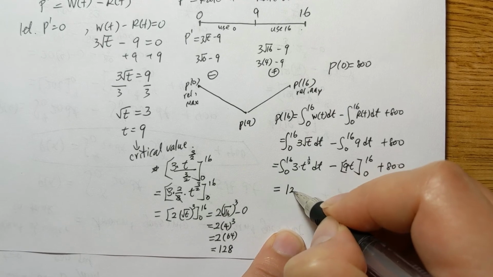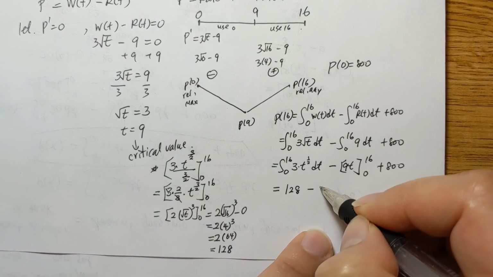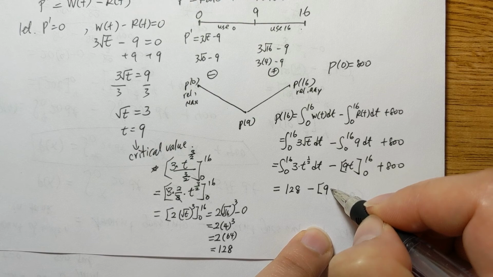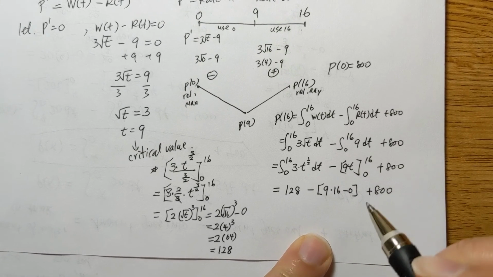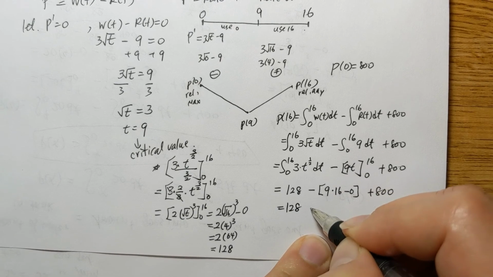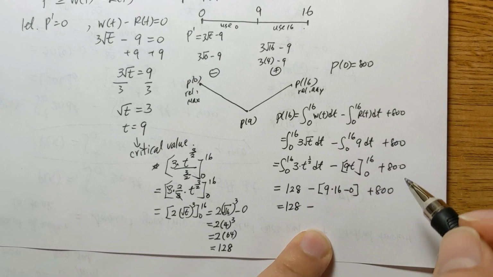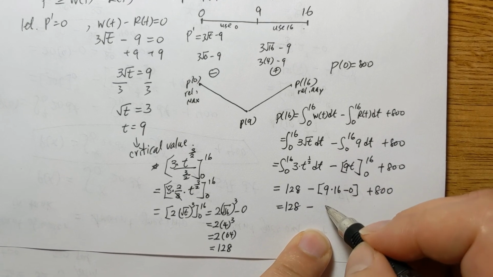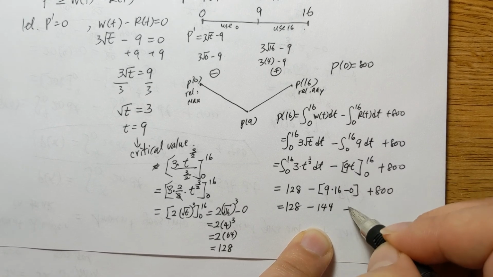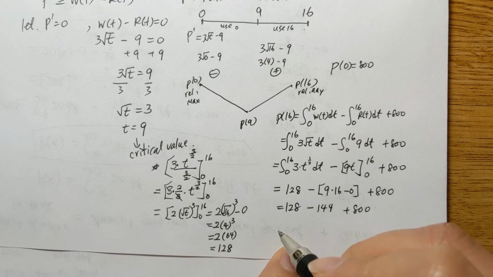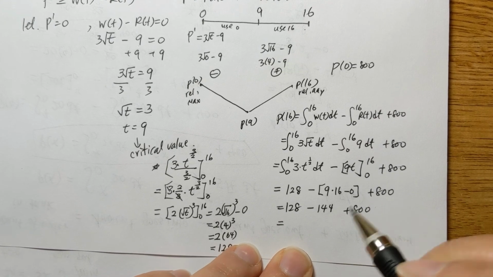So now we go back over here. You get 128 minus 9 times 16 minus 0, plus 800. So 128 minus 16 times 9, so we got 144, plus 800. So we are going to add it together.